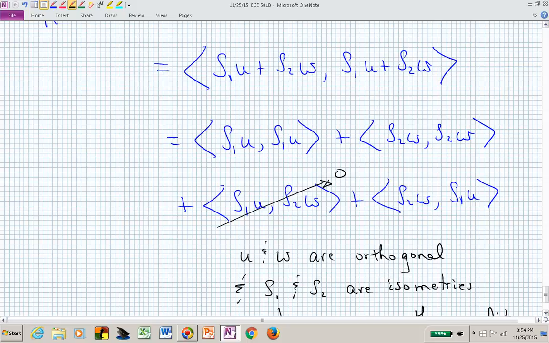Similarly, S2W, that vector, is orthogonal to the vector S1U, so that goes to 0.